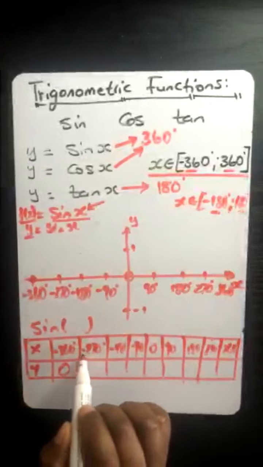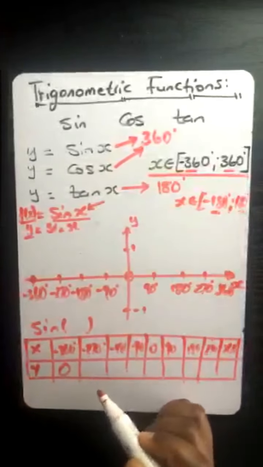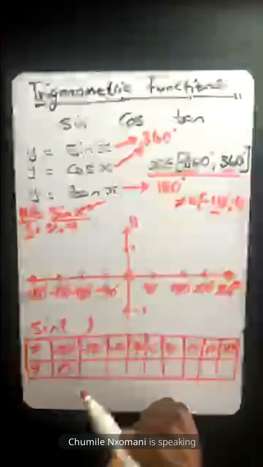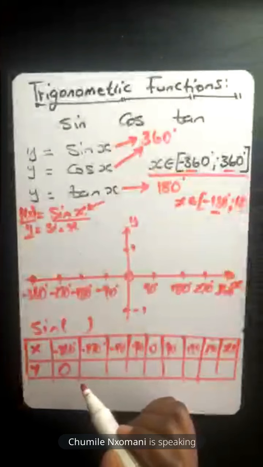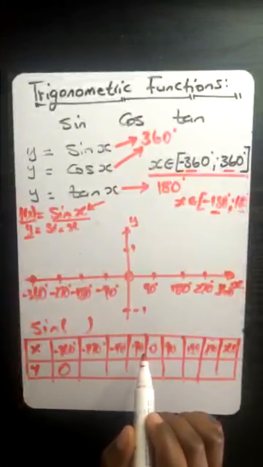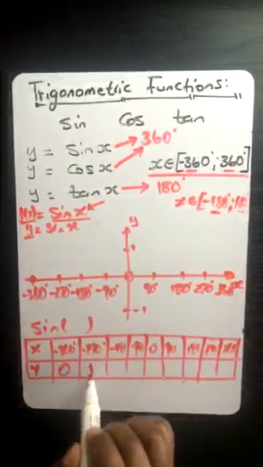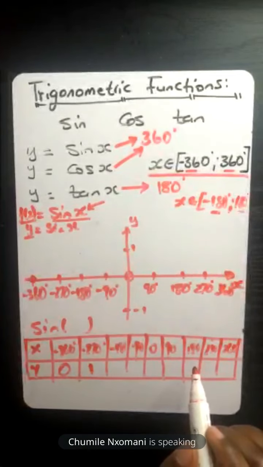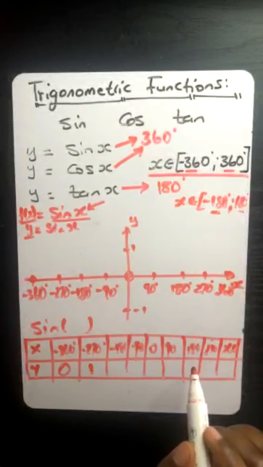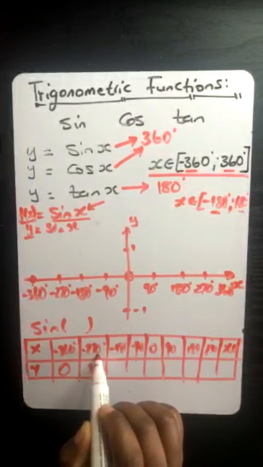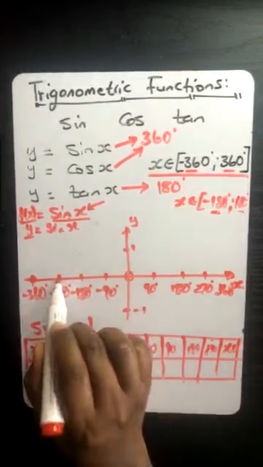What about negative 270, Chumi? What are you getting there? Positive 1. So where do I make a dot? Where x is negative 270 and y is positive 1.